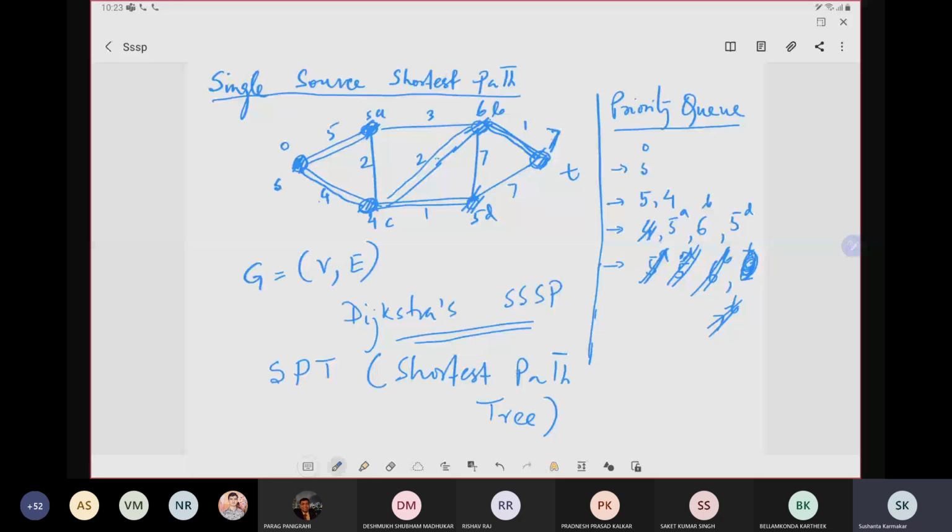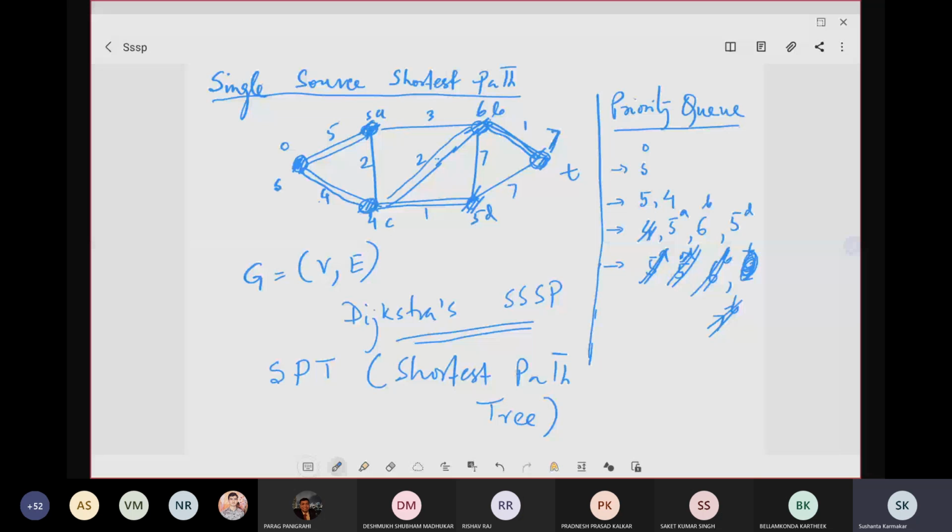so now one thing that we must understand is why this algorithm is successful in generating the shortest path.